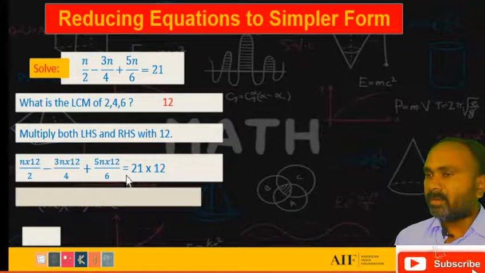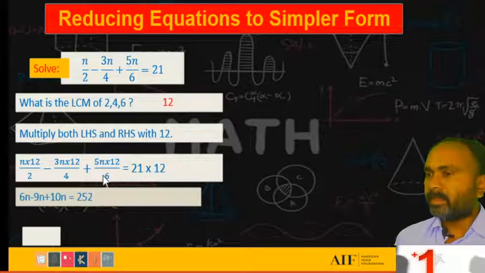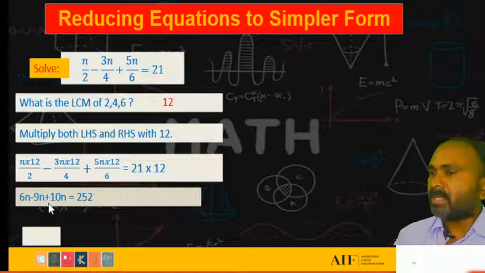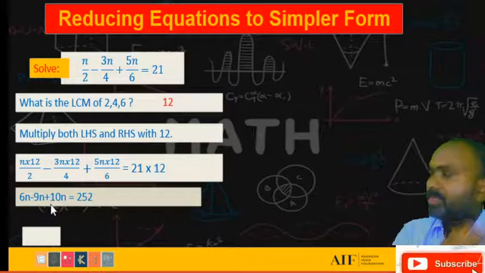Here there is no denominator. So 6 into n, 6n; 3 into 3, 9; 2 into 5, 10. So 6n minus 9n plus 10n equals 252.